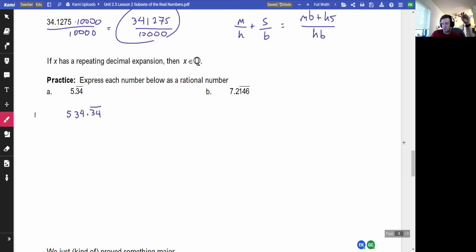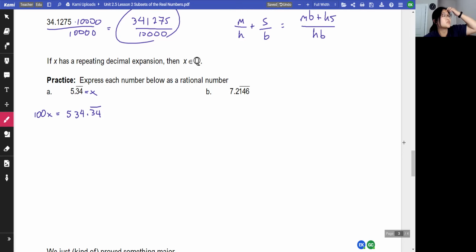So 100 of the number is 534.34. Can we say that the 0.34 repeated stuff is some number?